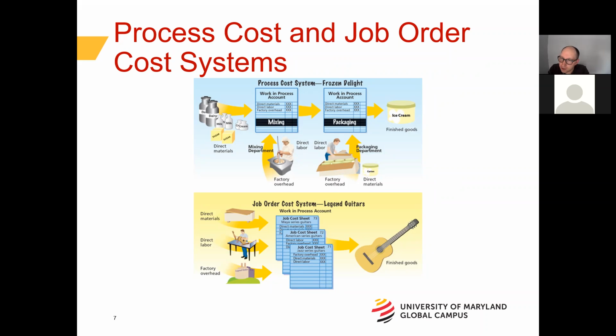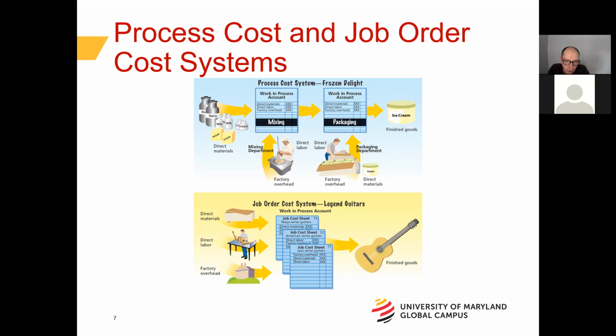Think of the physical flow. How does this flow work? Well, it came out of direct materials, went into the mixing department, then it went into packaging, and then became a finished good. Mixing and packaging are individual work in process departments. Within those departments, we have direct labor and factory overhead, and a little bit more materials, right?